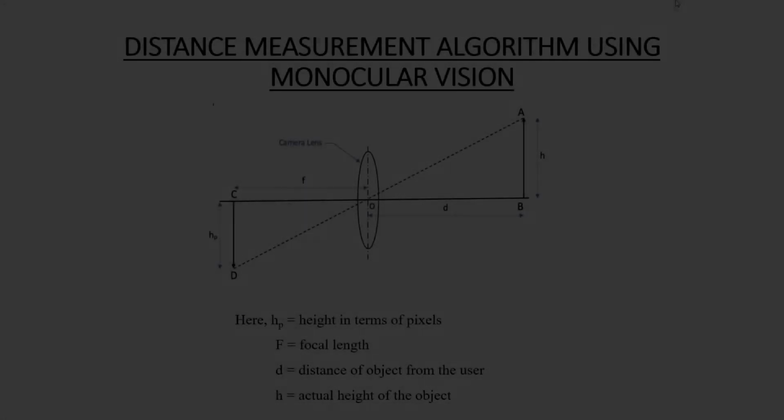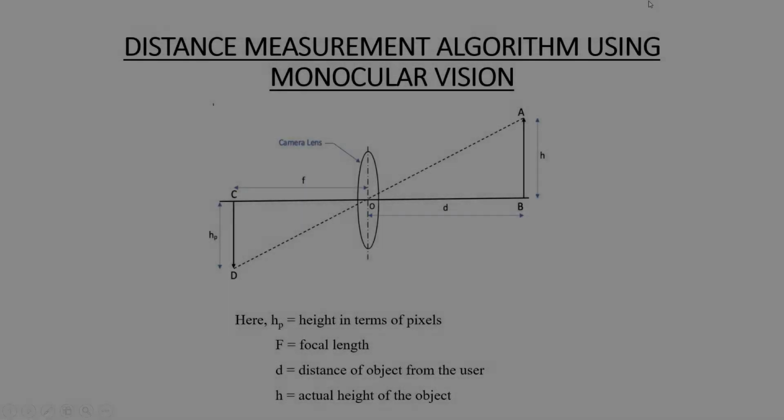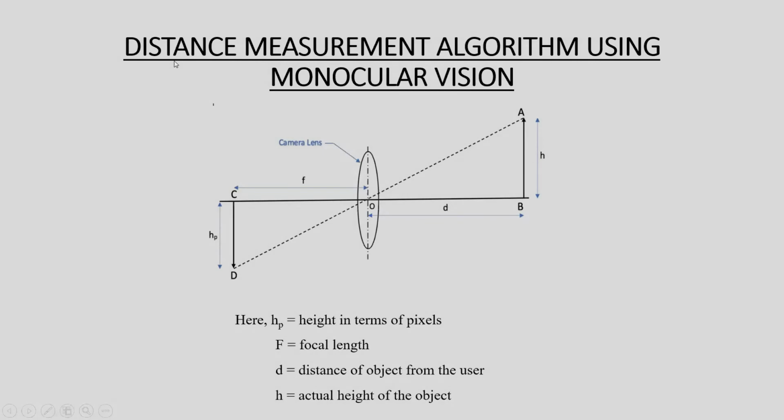After detecting the object, the next task was to calculate the distance of those detected objects. For calculating the distance, we had three algorithms. One was stereo vision, the second one was using disparity maps, and the third one was using monocular vision. We chose the monocular vision algorithm as it requires only a single camera.